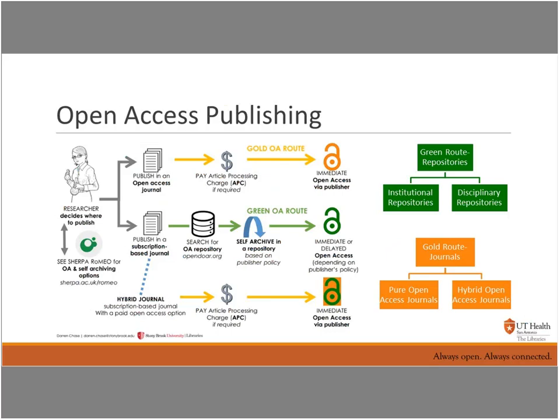And gold is immediately available, and it may have a higher article processing charge. And then there's something now called platinum or diamond, where the repository is completely funded maybe through a grant or through an institution, and it's free for the author to publish there. So that's another one. Does that answer your question?